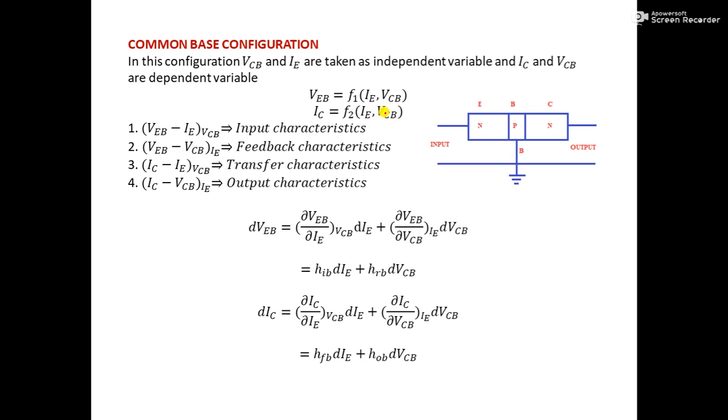So IE and VCB are taken as independent variables, and we can write the expressions: VEB, the input voltage, is taken as a function of IE and VCB.